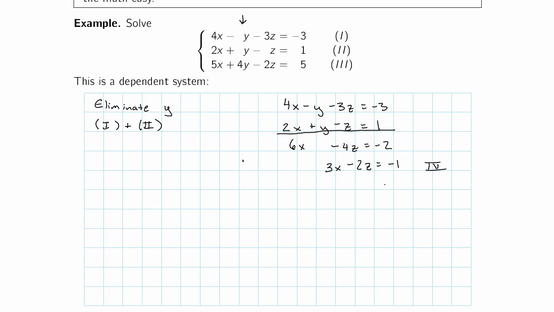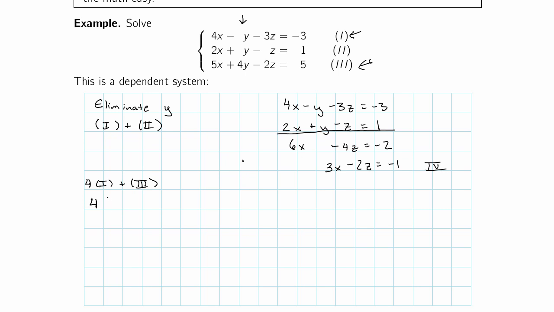Okay, so I'm still eliminating y. Now I need to do something with equation 3. It looks like if I multiply equation 1 by 4, I'll be able to cancel out that y term. So equation 1 times 4 plus equation 3.